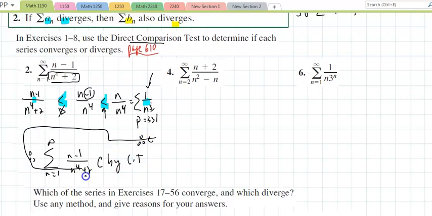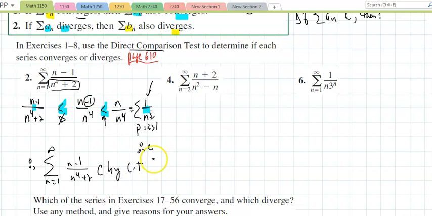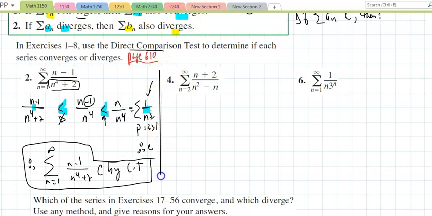Now, do you have to write that every single time? And how come you never had to do that before? Because before we only had one series. We never introduced another series. Anytime you have more than one series, I need you to be very specific about what you're talking about. And if you don't write anything there, you're saying this is n equals 1 to infinity. You don't have to write that.